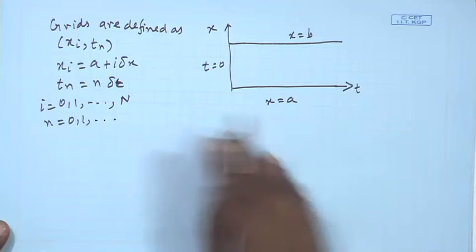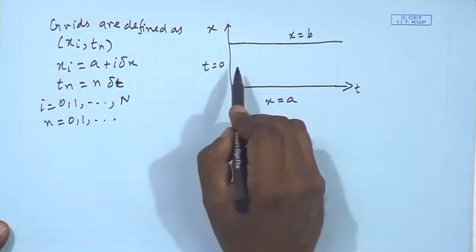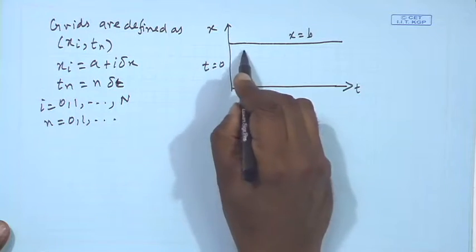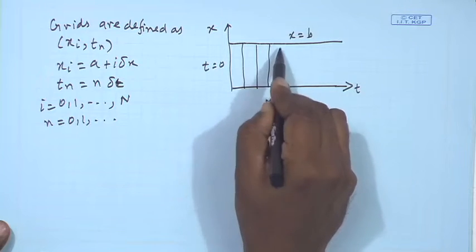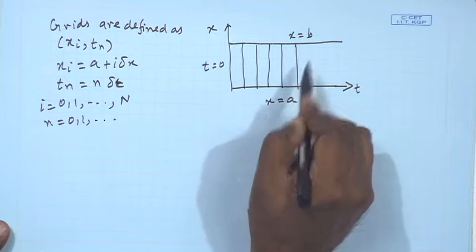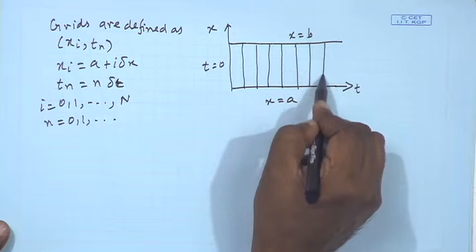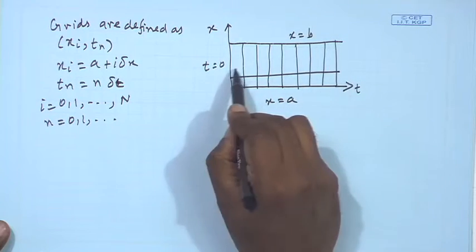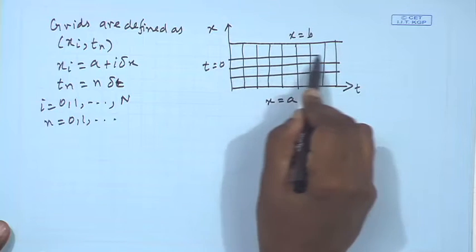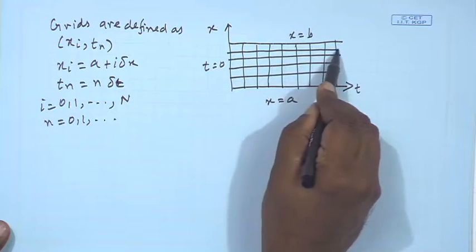This is semi-infinite. So what we are doing is taking a step size delta t, and these are the lines over which x is varying. So this is the line over which t is varying.